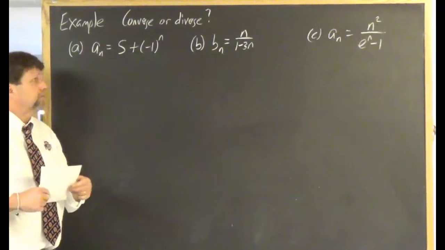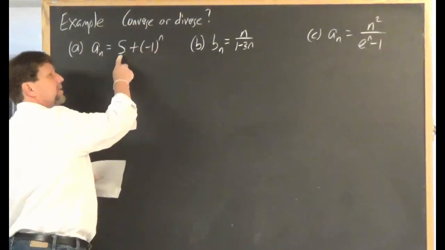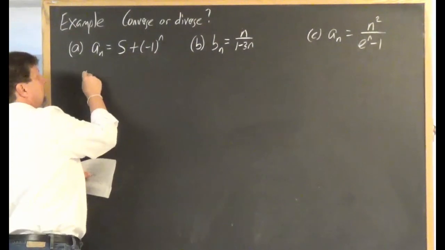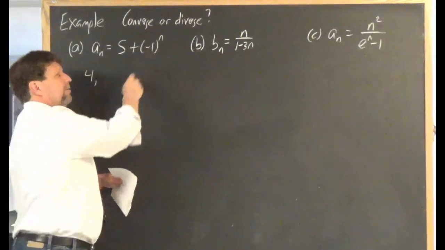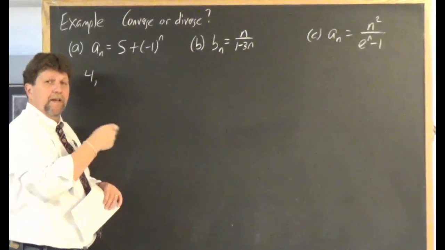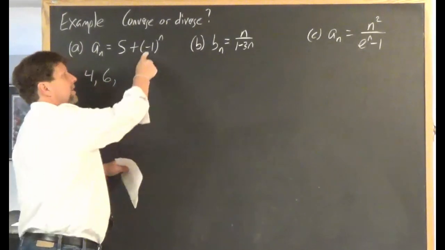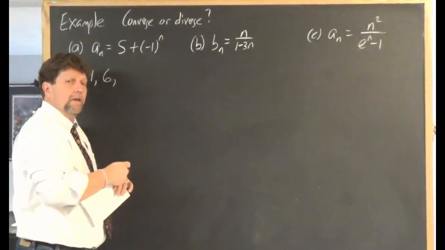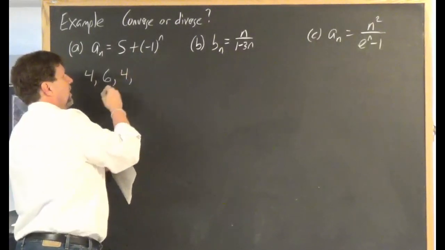So here we go. If n is 1, this would be -1, so 5 plus -1 is 4. If n is 2, -1 squared is 1, so 5 plus 1 is 6. If n is 3, -1 cubed is -1, so 5 plus -1 is 4.